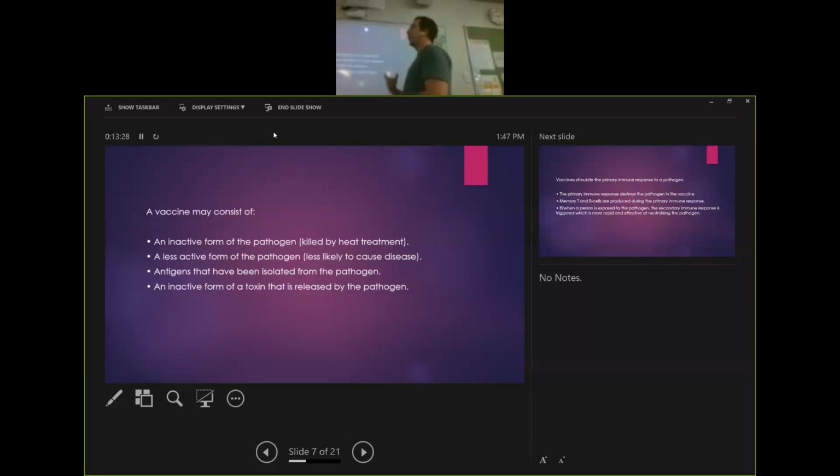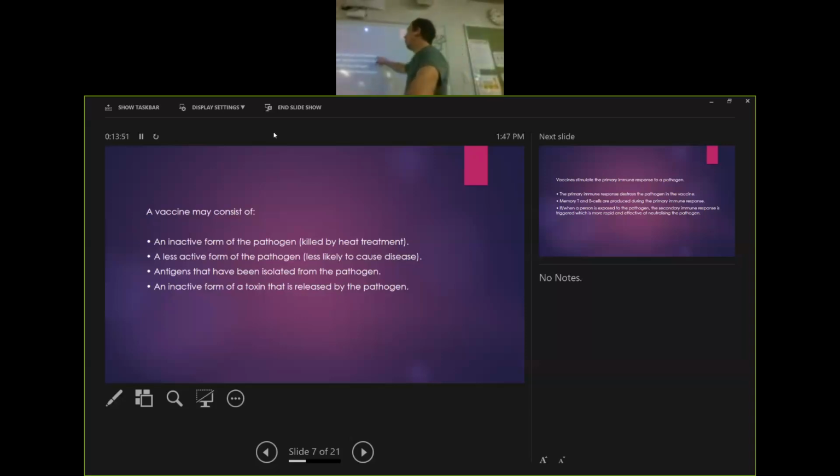You'll notice in all 4 cases, though, they can't cause you the disease that the pathogen generally causes, because it's either inactive, or it's just the antigen. The antigens aren't going to cause a disease. They could be inactive, or they could be a less active form. But in all cases, you're not going to get the disease that you're injected a vaccine for.